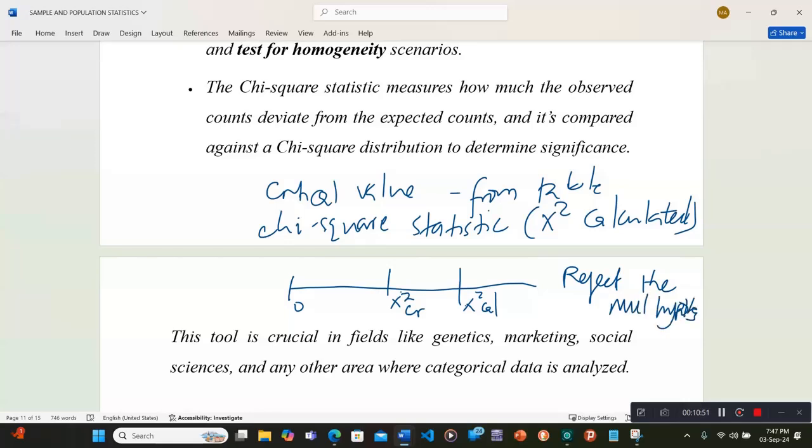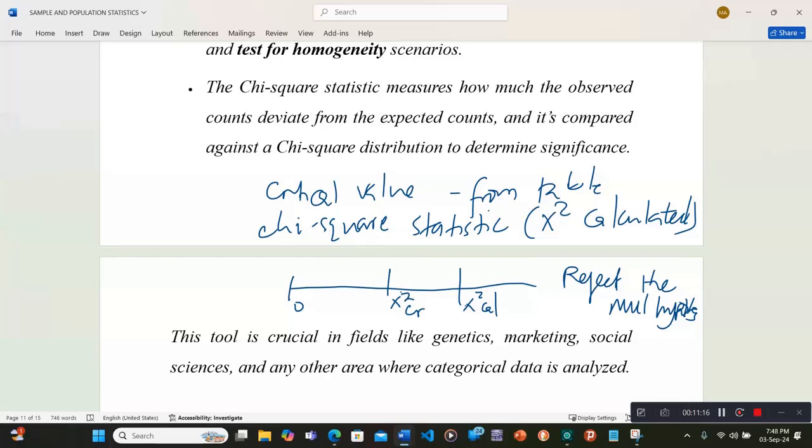Okay, but if the calculated one is less than the critical value, then we shall say we can't reject the null hypothesis.